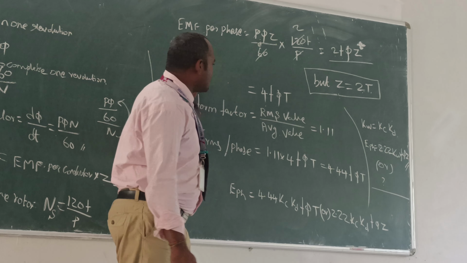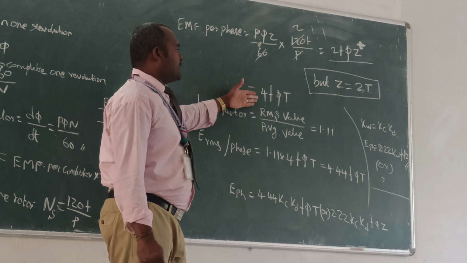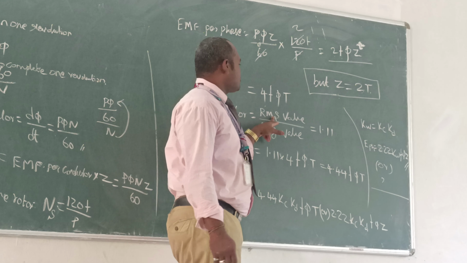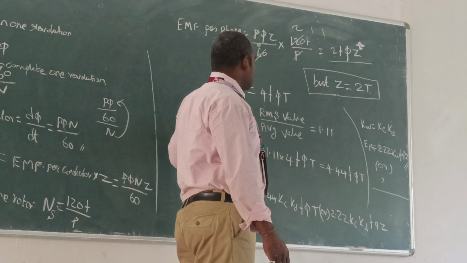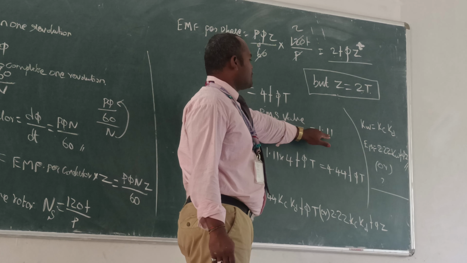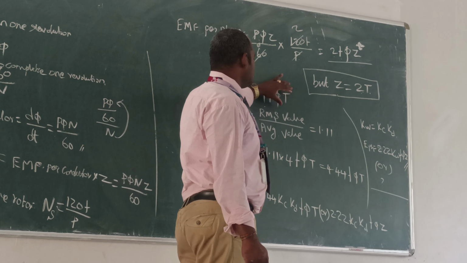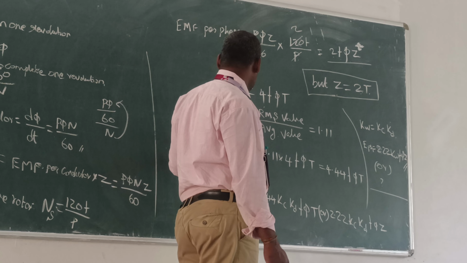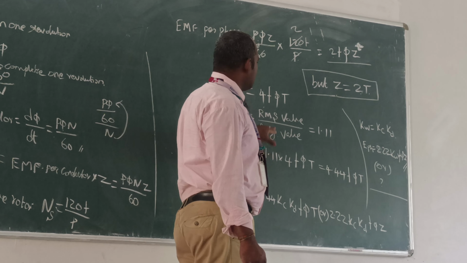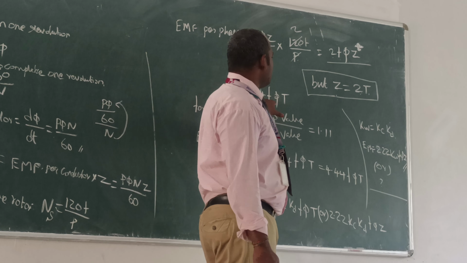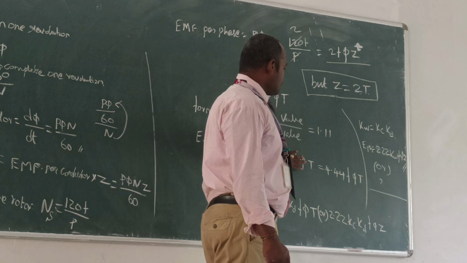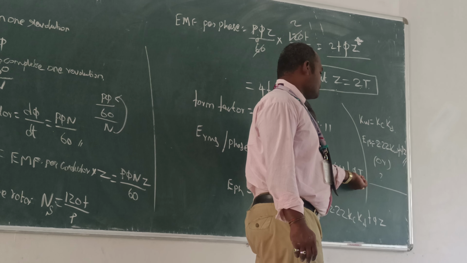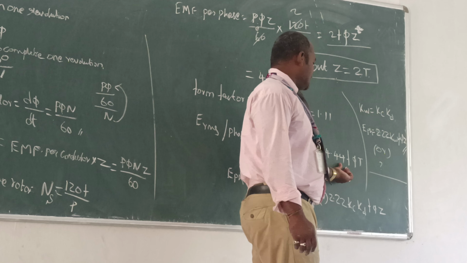So you need to multiply it with the EMF per phase. So 1.11 into 4 F pi T, which we already found, gives 4.44 F pi T. That is the actual equation.